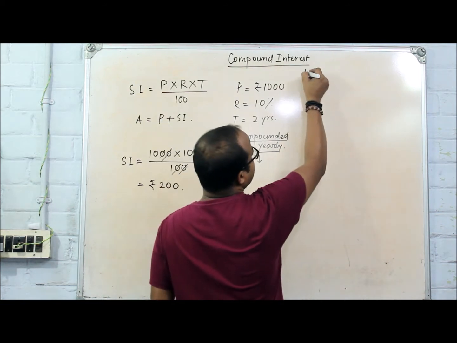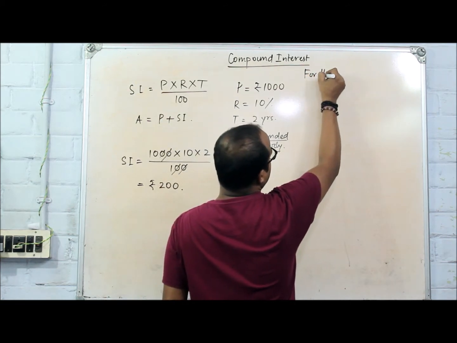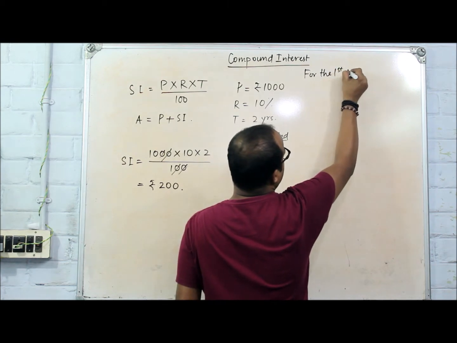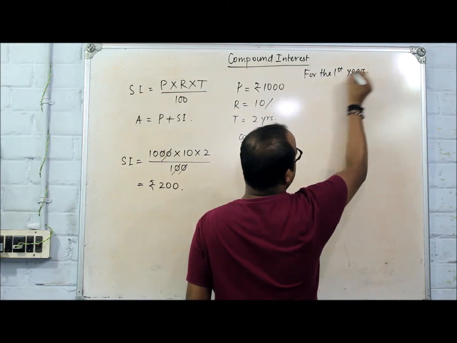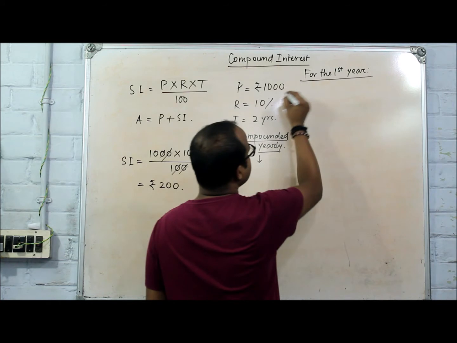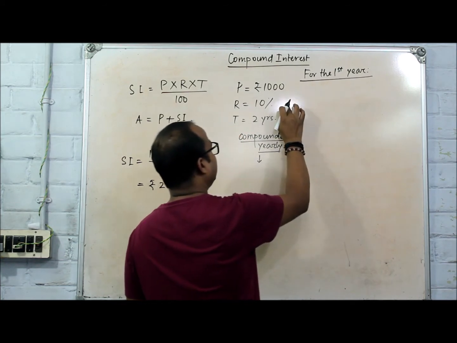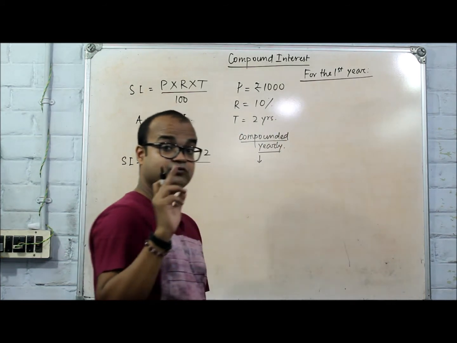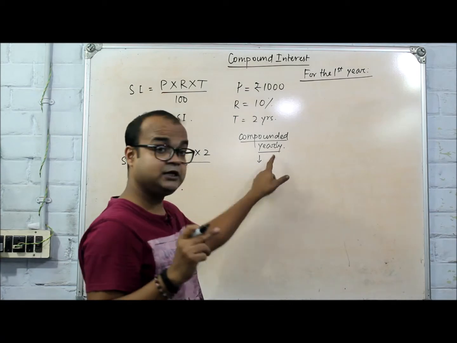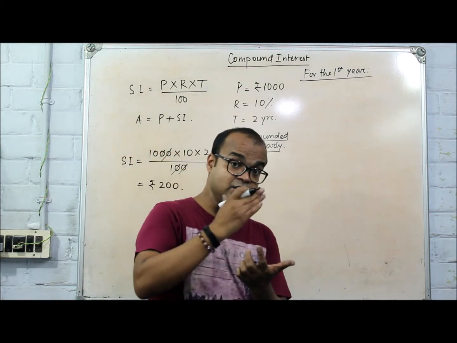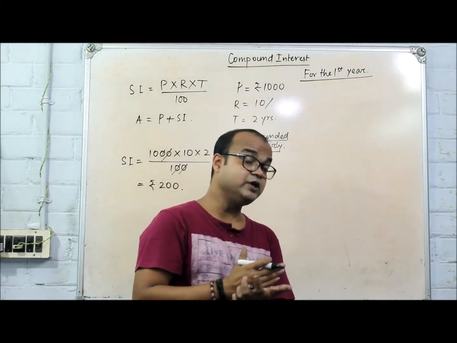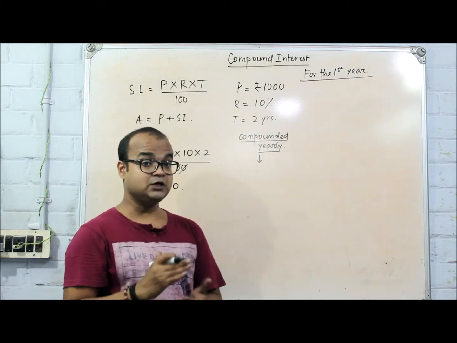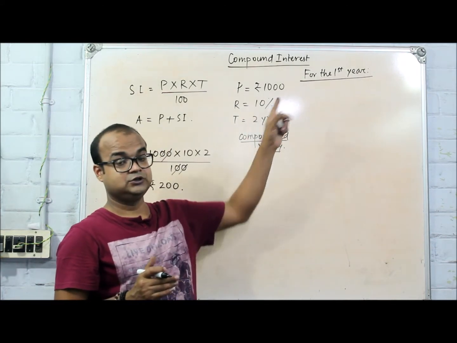So, for the first year, P remains the same, R remains the same, but T we are calculating compounded yearly. That means at the end of the first year, we are calculating interest on this principal. Clear?